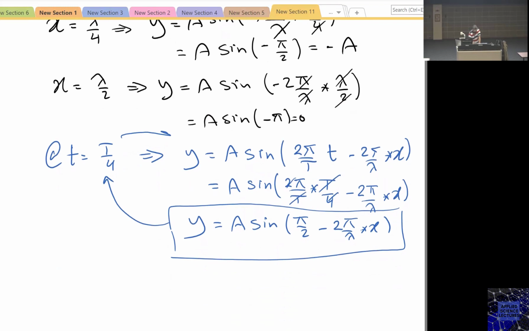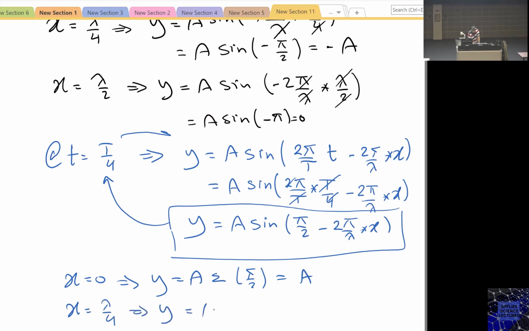So let's plot this function for the same points. X equals 0, then y is A sine pi over 2, and this is A. If x equals lambda over 4, then y is A sine pi over 2 minus 2 pi over lambda times lambda over 4.